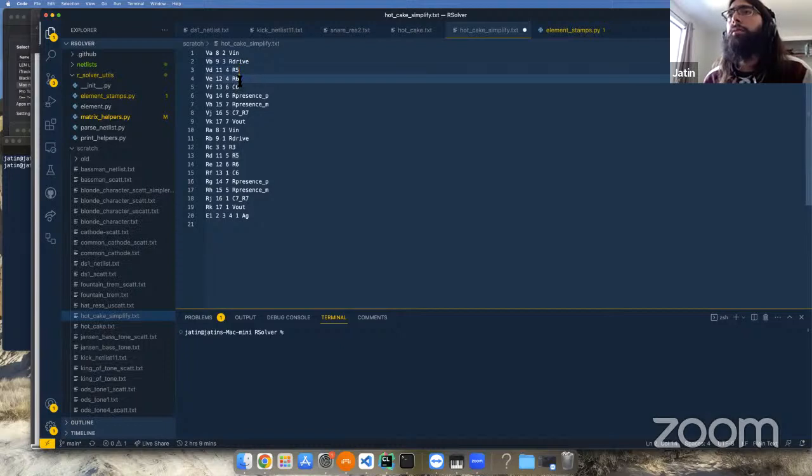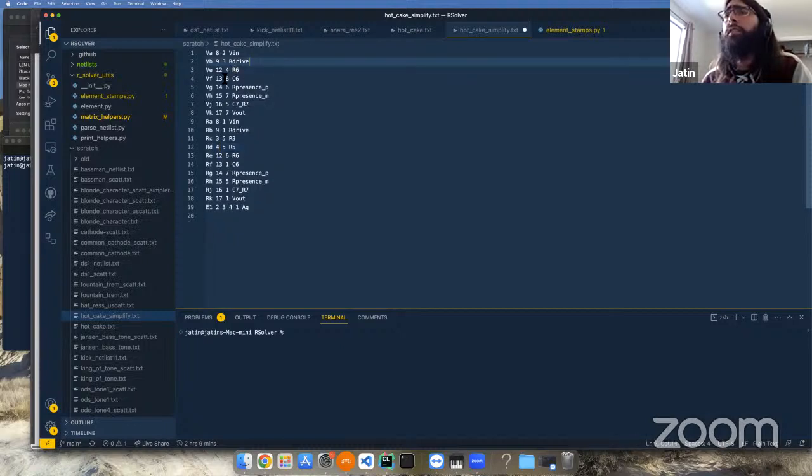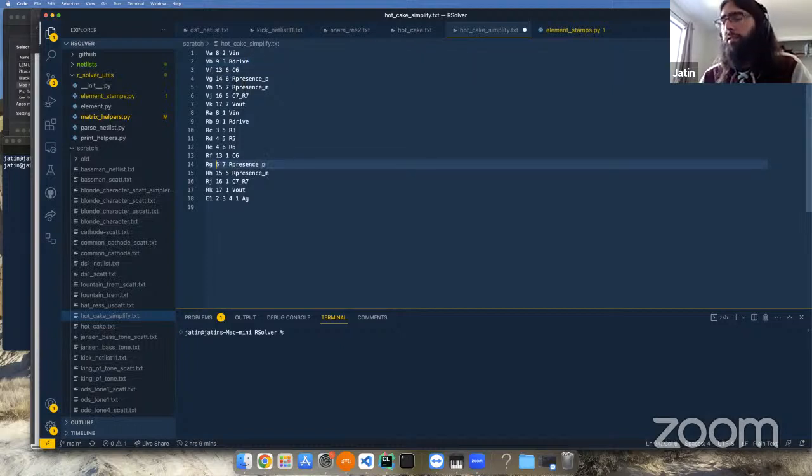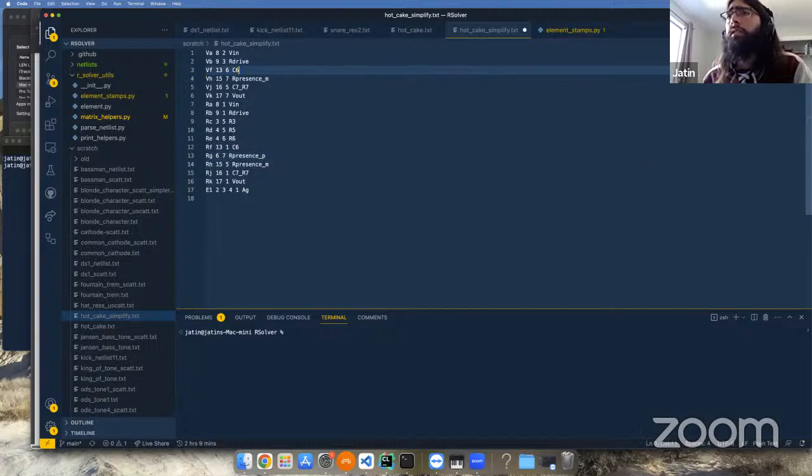And we can do the same thing with R5 and R6 and with the R presence thing. So R5 goes from 4 to 5. R6 goes from 4 to 6. R presence P goes from 6 to 7. And then R presence M goes from 7 to 5. Is that right? Yeah.